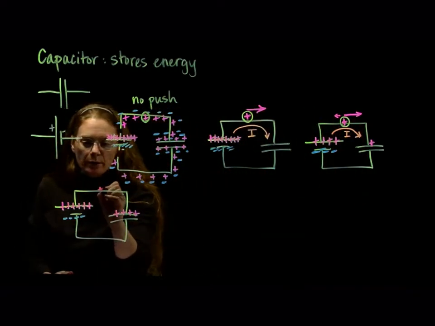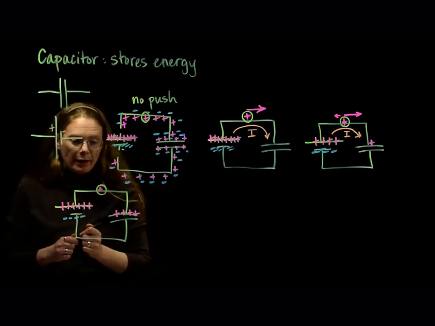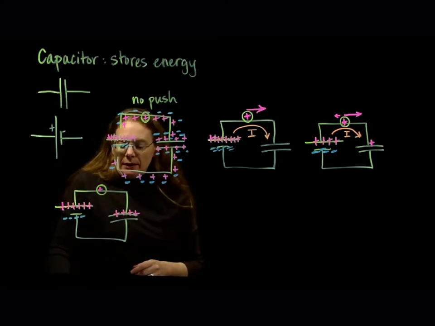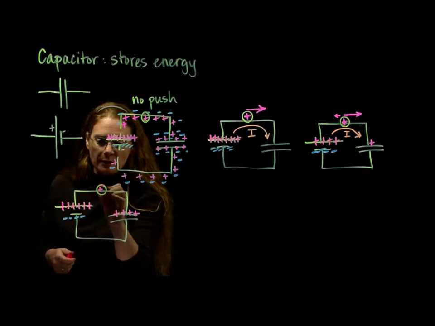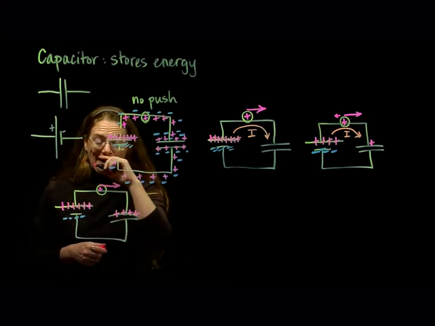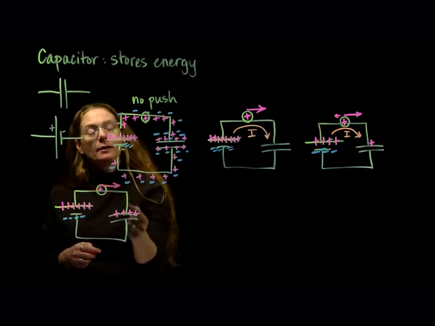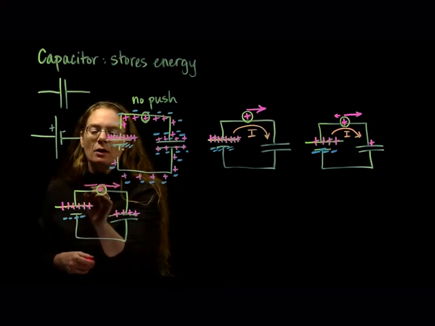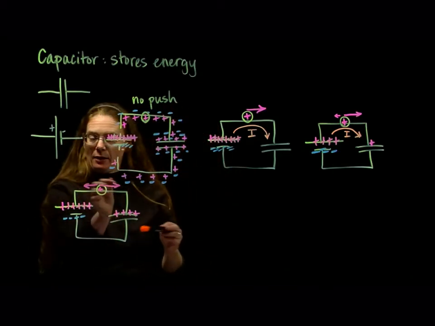So now what do we have for a positive hanging out in this wire? All right, we have from the battery the standard charge. There's a lot of positives pushing it this way. Now we have a lot of positives here repelling this the other direction. So we now have an increasingly even force.